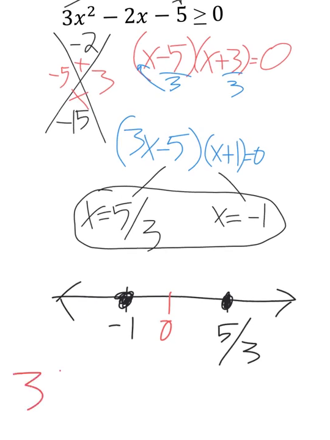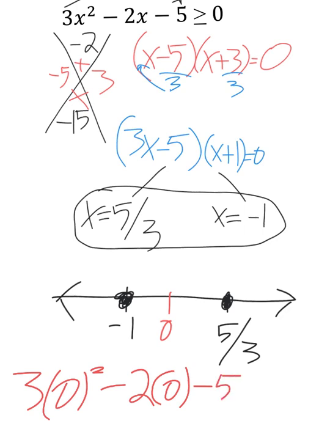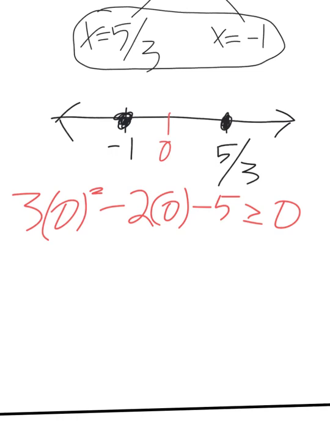So 3 times 0 squared minus 2 times 0 minus 5. Is that greater than or equal to 0? That's a false statement. It would say -5 is greater than or equal to 0, so that's false.